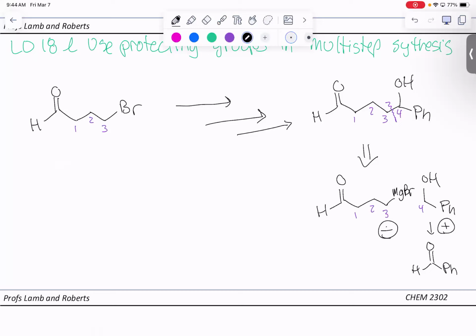So now we can identify that this spot here needs a protecting group. We know that organometallic reagents will react with aldehydes, so we cannot have this in our reaction. All right, so this is the logic. This is the puzzle pieces that we're sort of trying to put together, the mystery we're trying to solve.